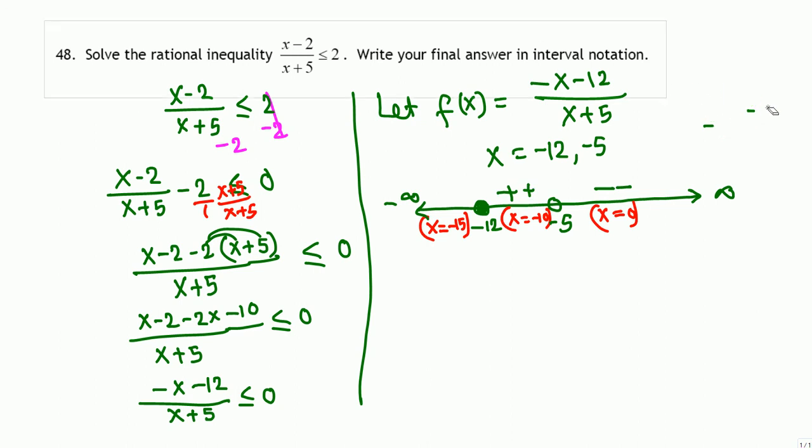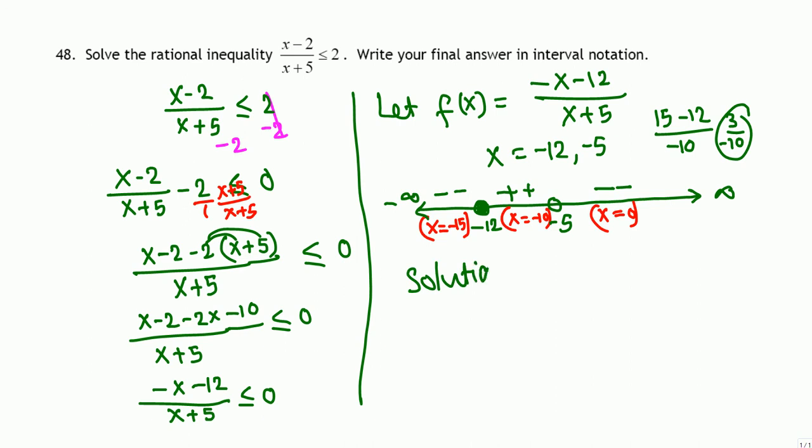Now do the same thing for this interval, x = −15: (15 − 12)/(−15 + 5) is 3/−10. That is a negative number, so this will be negative.